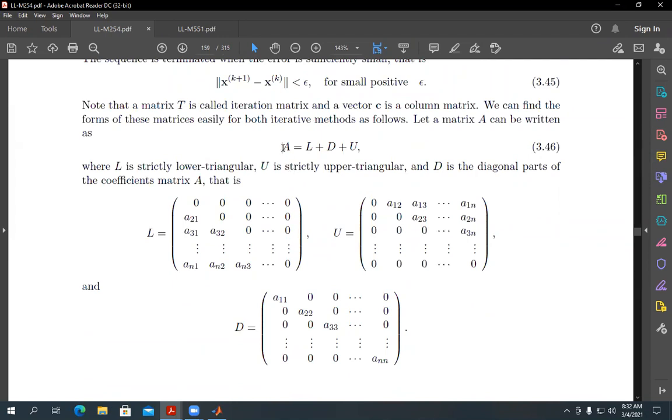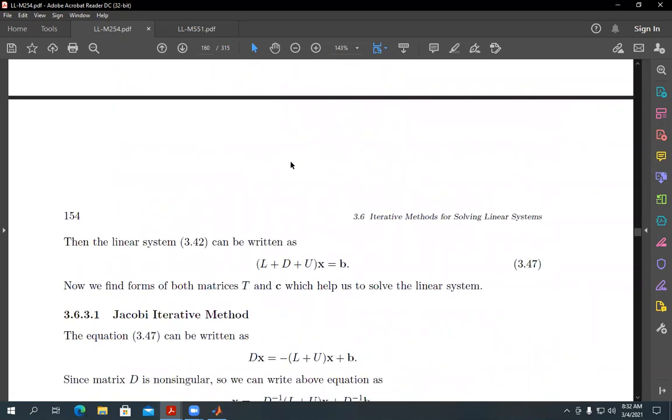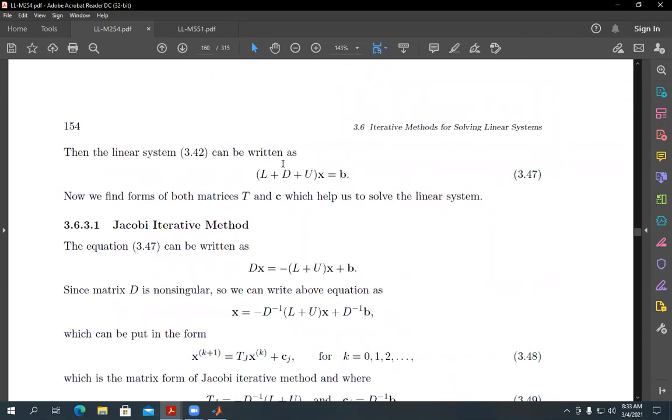We have to decompose A into the form L plus D plus U. L is the lower part of the matrix, D is the diagonal part of the matrix, and U is the upper part of the matrix. And of course, when you take L plus D plus U, it will exactly give you the A we have here. Let's give the value for the Jacobi case.